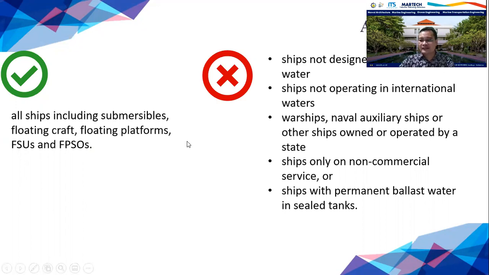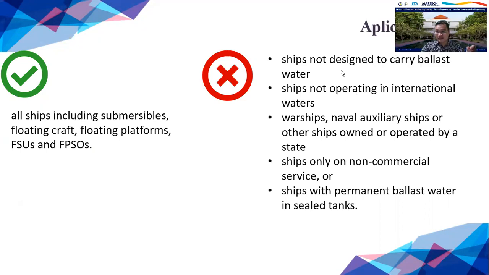So in this case, it means that all ships shall implement the convention, if the country or the flag state has already ratified the Ballast Water Convention. Then the second one is ships not designed to carry ballast water, right?